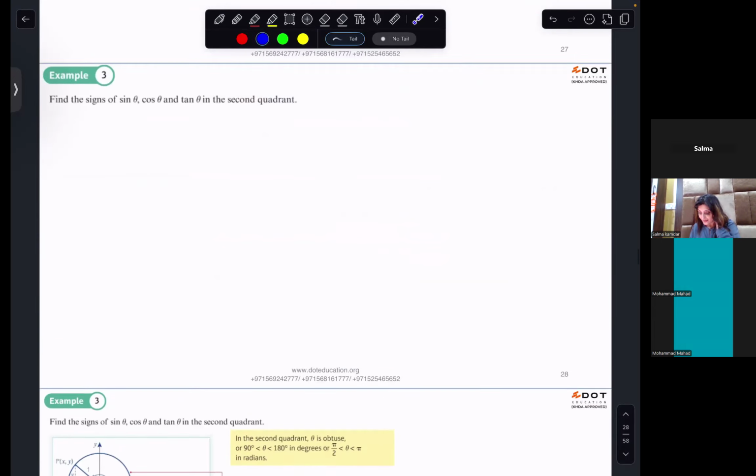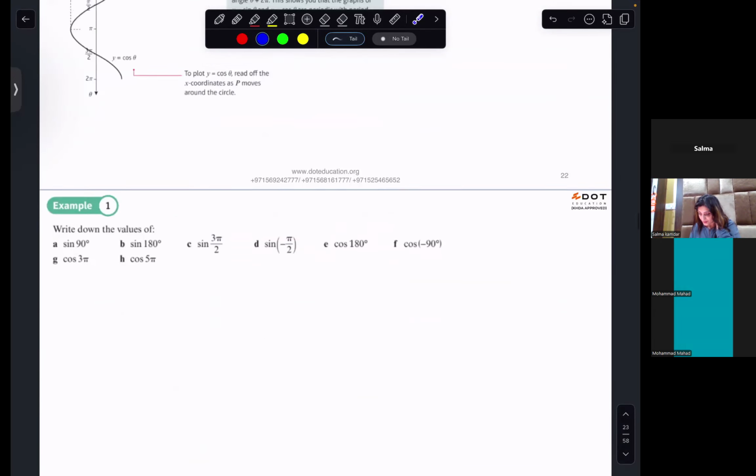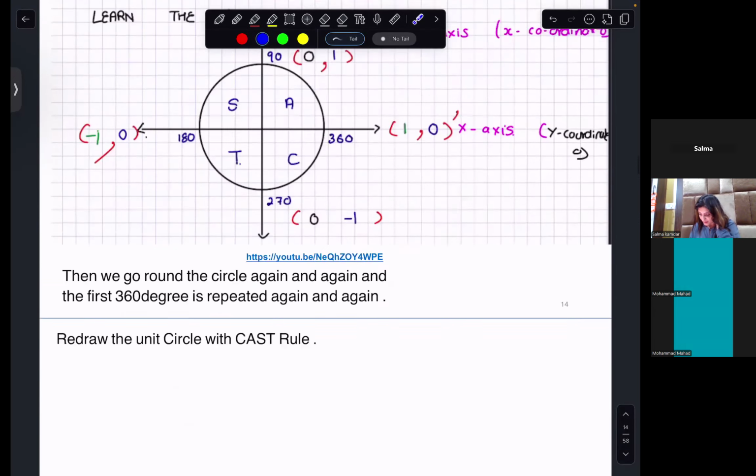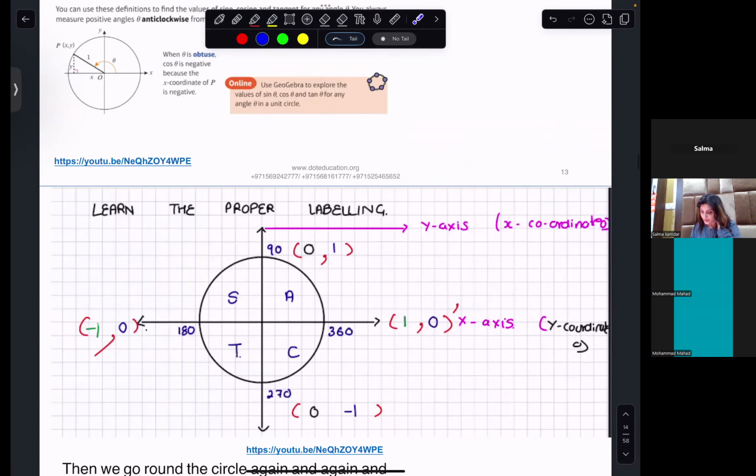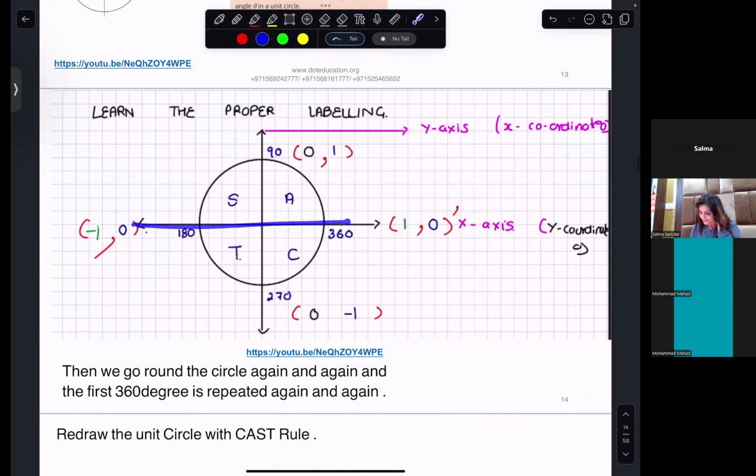Now, one last thing I will teach you before I take you to the questions. This is your unit circle. I want you to learn the labelings, CAST, and the x and y coordinates here, here, here, and here.